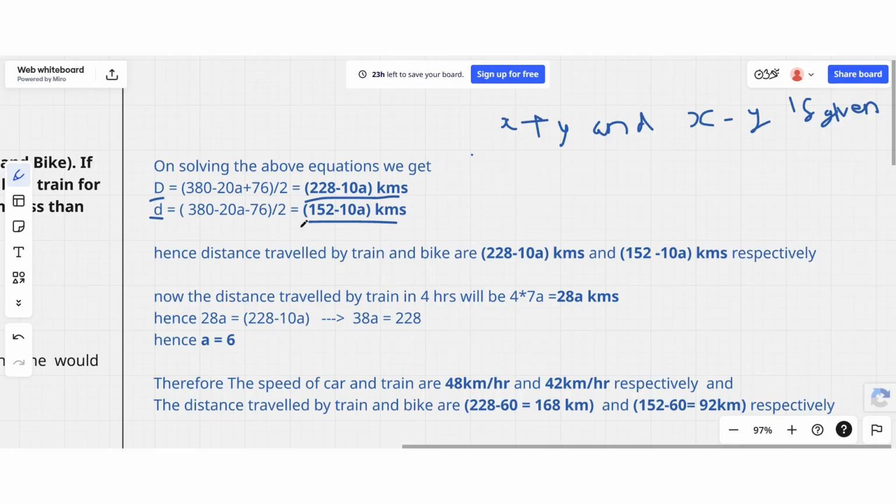Similarly for small d. That's why the distances covered by the train and bike are as calculated respectively.